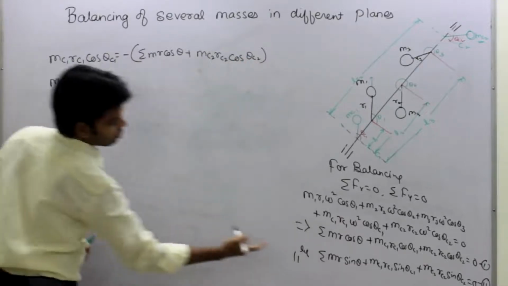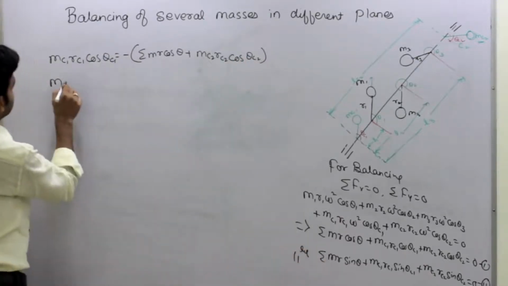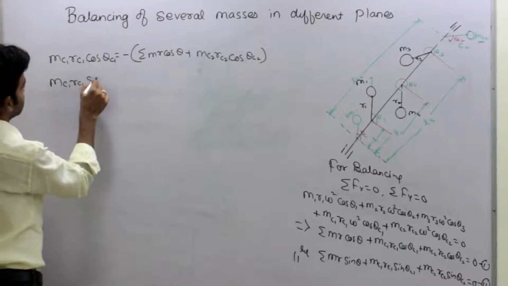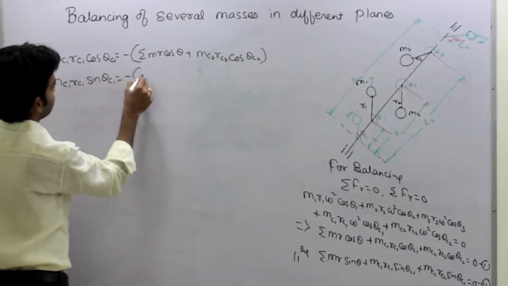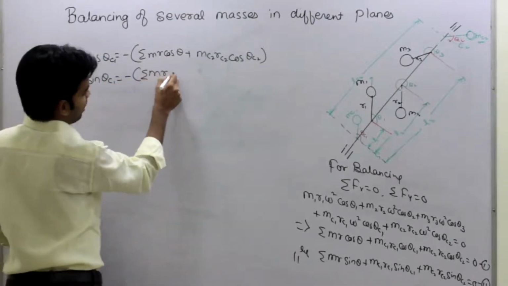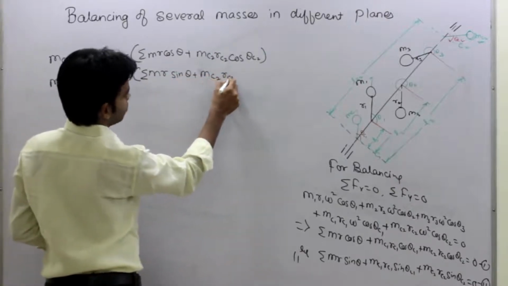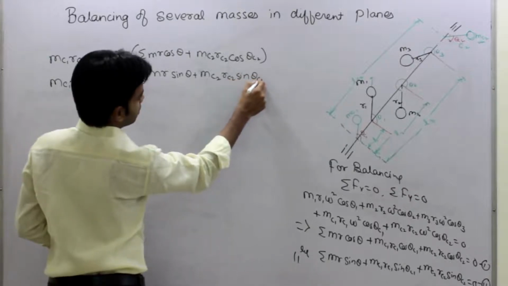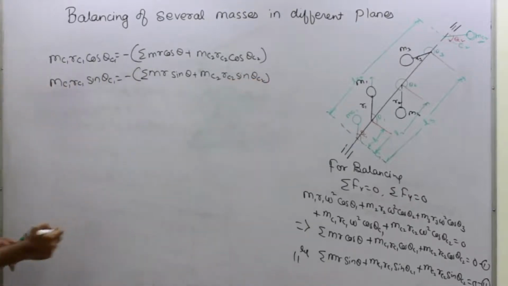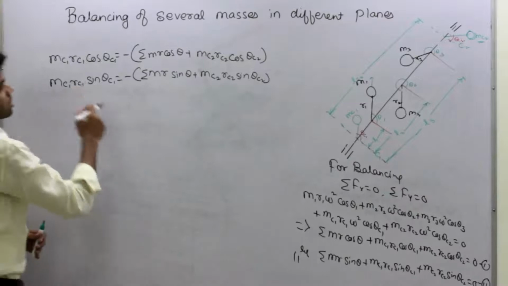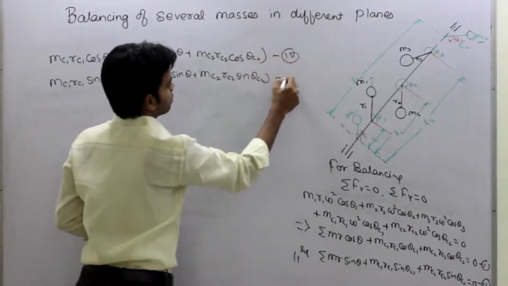Similarly, from equation 2, mc1 rc1 sin theta c1 is equal to minus of summation of m r sin theta plus mc2 rc2 sin theta c2. Getting this or not? Okay, now suppose this is equation number 4 and this is equation number 5.